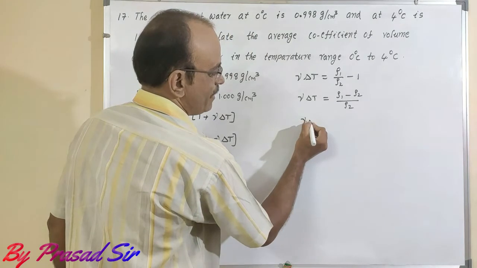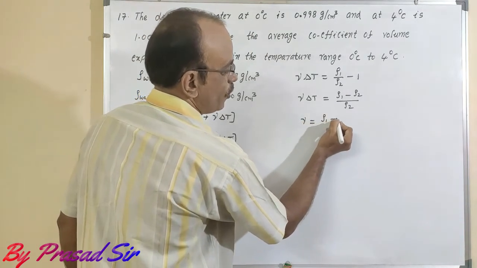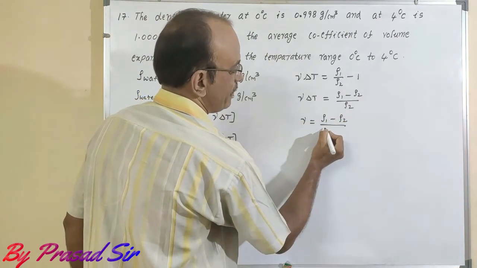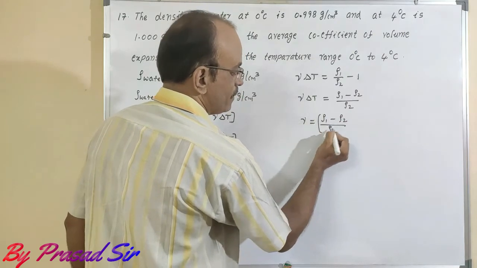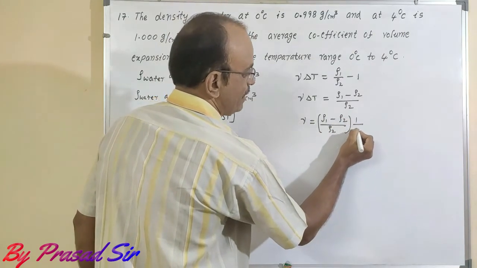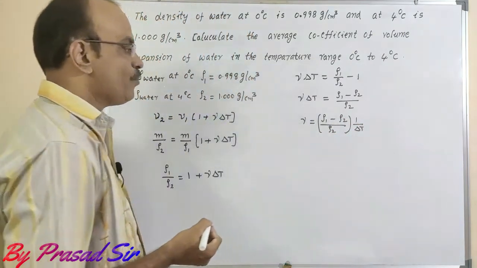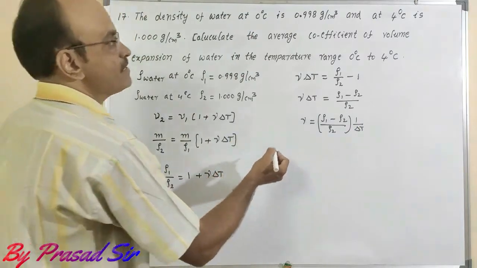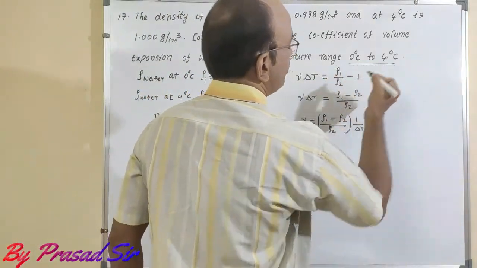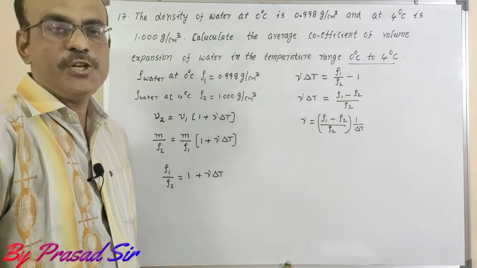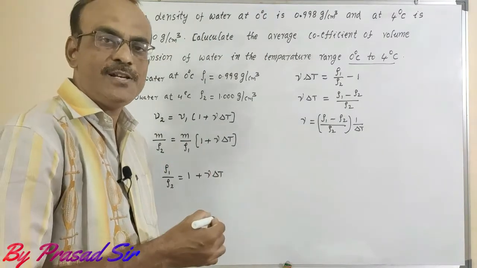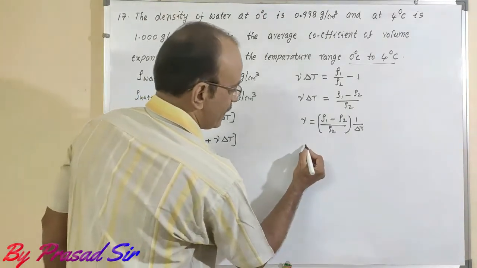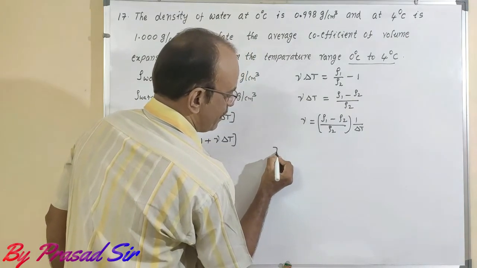So gamma is equal to rho 1 minus rho 2 divided by rho 2 into 1 by delta T. But what is delta T? Delta T is nothing but the difference between 0 and 4. So 4 minus 0, how much? 4.